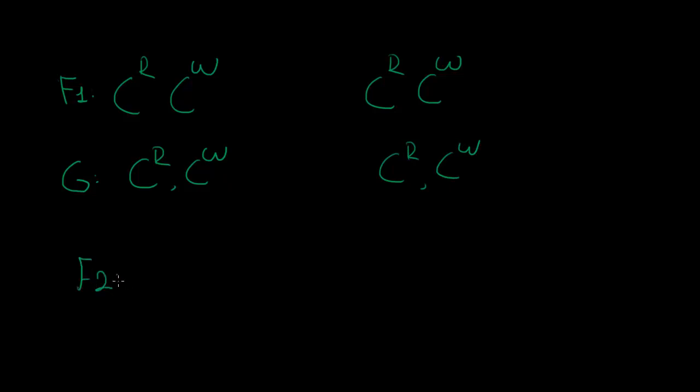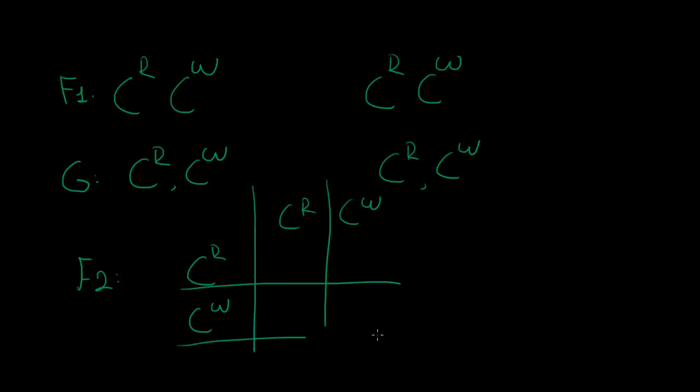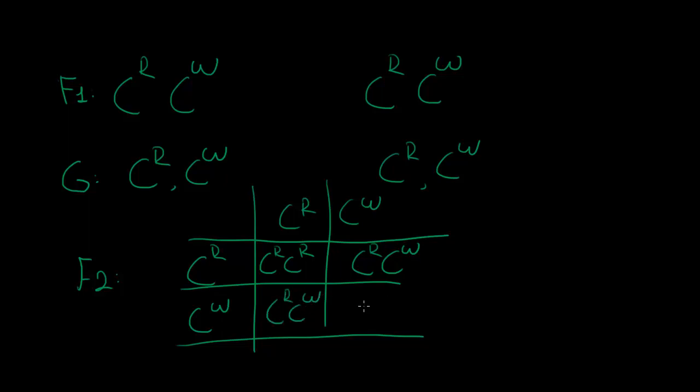Now we're finding the second generation, so we're making our Punnett square, CR, CW, CR, CW. Here is my Punnett square. Now I'm making the genotypes, so this is CR CR. This is CR CW, CR CW, CW CW.